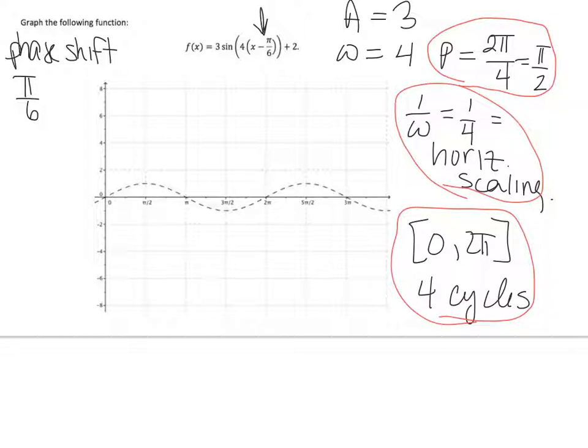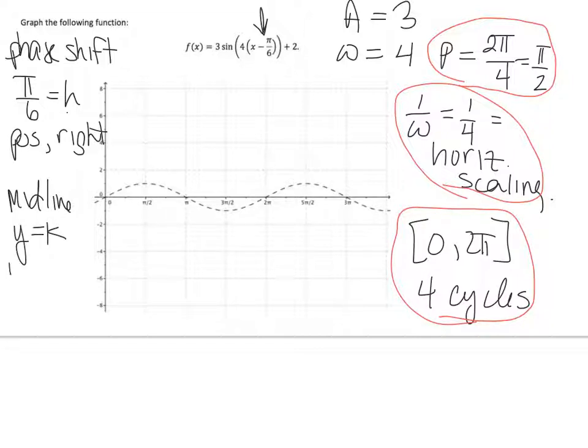X minus h, so h is pi over 6. Well, let's say the phase shift is positive to the right. The midline is y equals k. K in this case is 2.